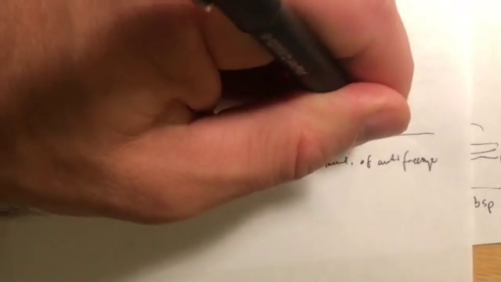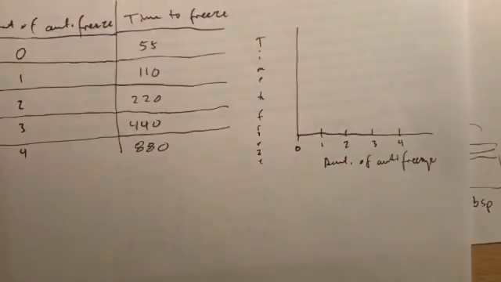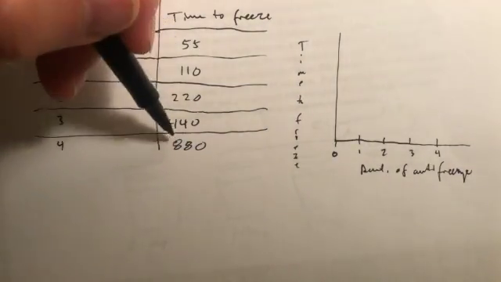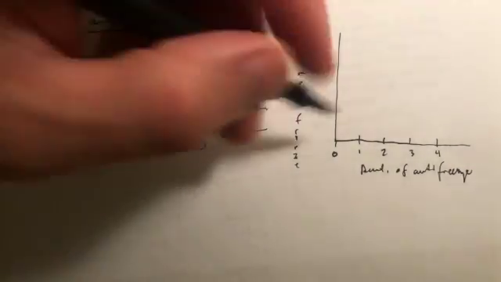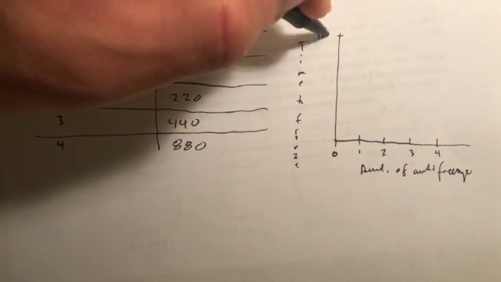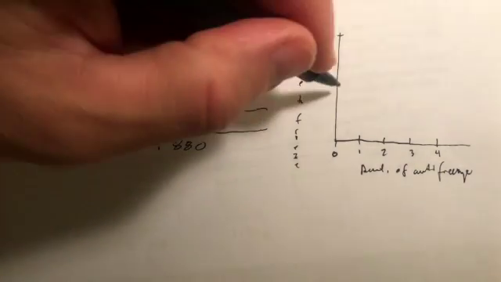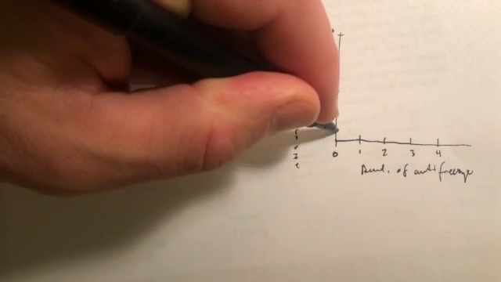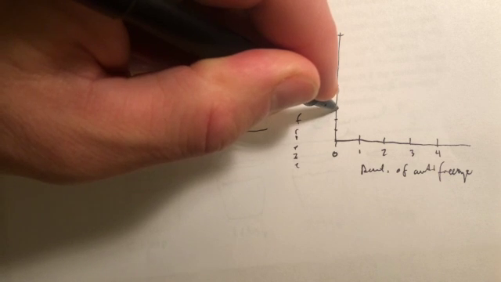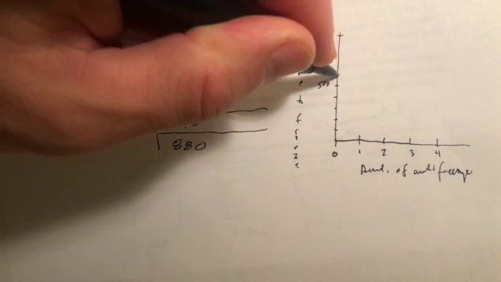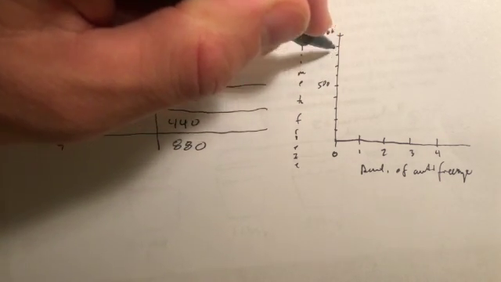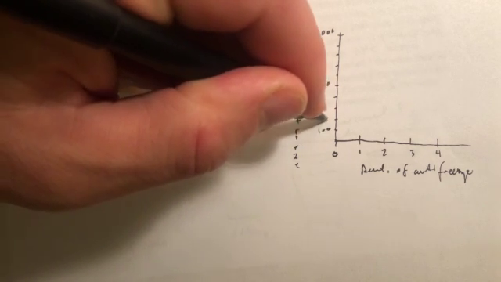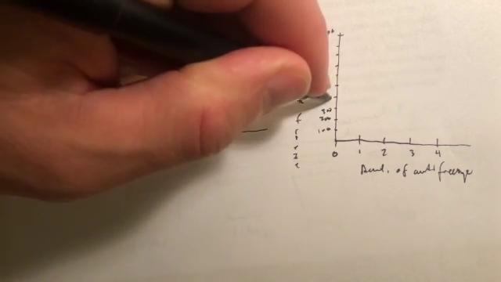So that's going to be 0, 1, 2, 3, 4. And then this one's going to go from 0, well, let's say 0 to 1,000. Okay, so I'm going to put 1,000 up here. And so that's going to be 500. Let's see, 1, 2, 3, 4. So 100, 200, 300, 400.